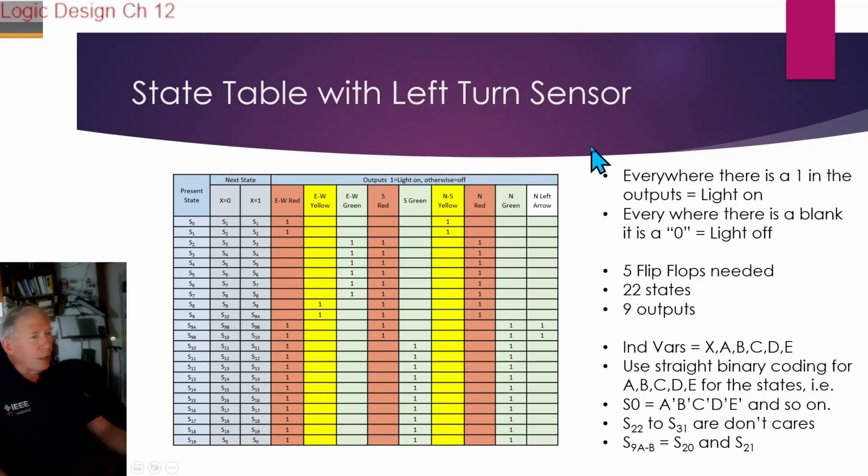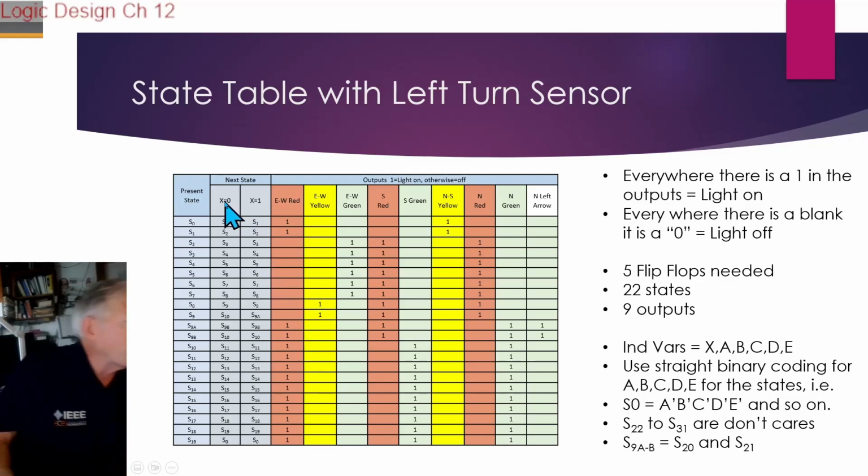And then here's our state table with 22 states, including 9A and 9B. We have an input for our sensor, and in every case except for at state 9, there's no difference between which path we take.